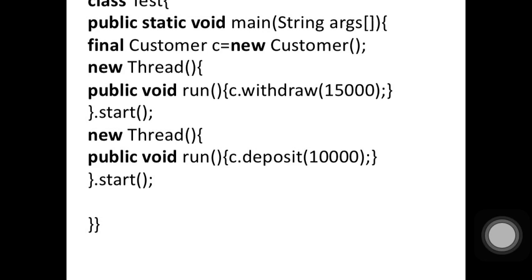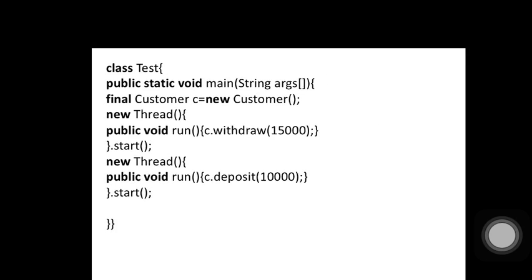So on creating the thread, it calls the run method immediately within this, and one more thread for deposit. So here you are withdrawing 15,000. Initially the value is only 10,000, so it waits, and the next thread is going to deposit one more 10,000. Now the value becomes 20,000, and later this 15,000 is going to be withdrawn.